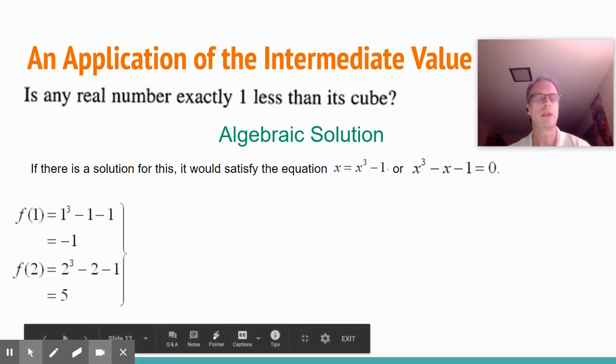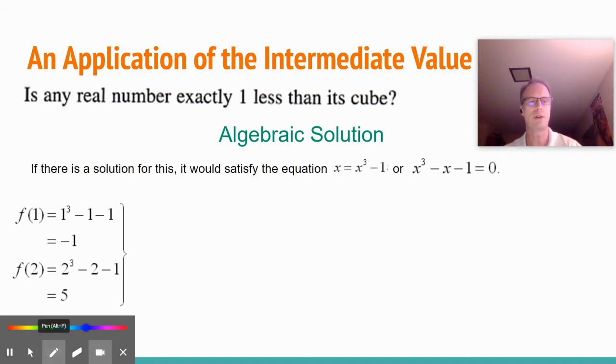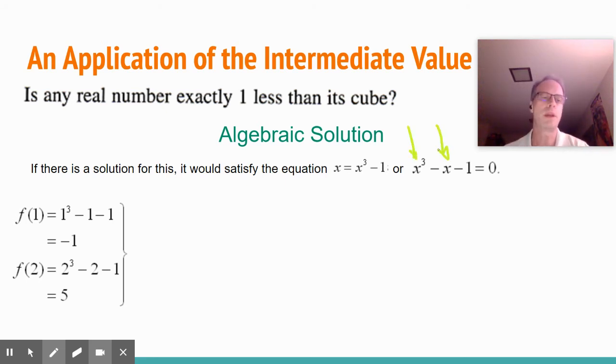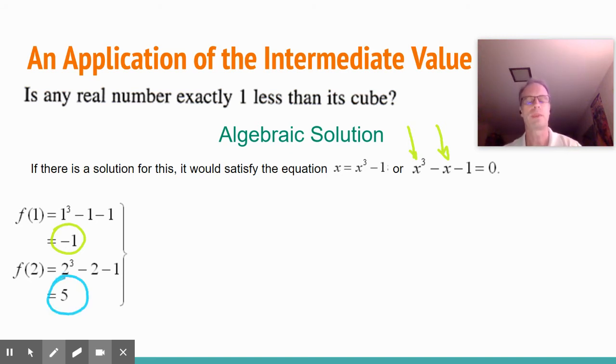We can plug in two values, 1 and 2. What happens when I plug in 1 is I'm just substituting 1 into my function, and that gets me a value of -1. And when I substitute in a value of 2, same spots, I end up with a value of 5.